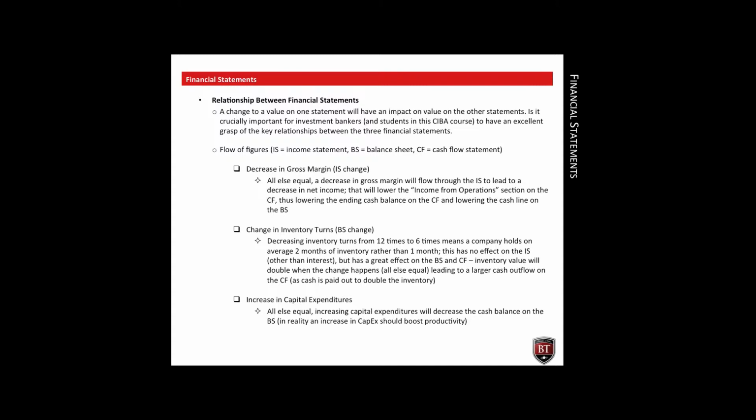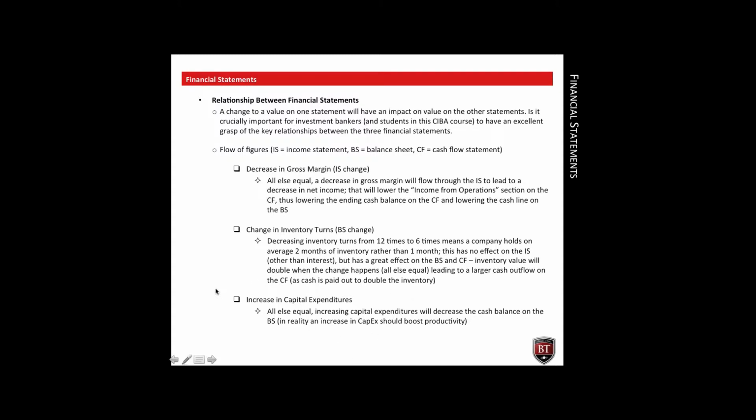It shouldn't have any effect on the income statement other than some things related to cash interest, but it has a great effect on the balance sheet and cash flow. Inventory value will double when your turns halve, and this basically means that the company had to lay out cash to buy a second month's worth of inventory.